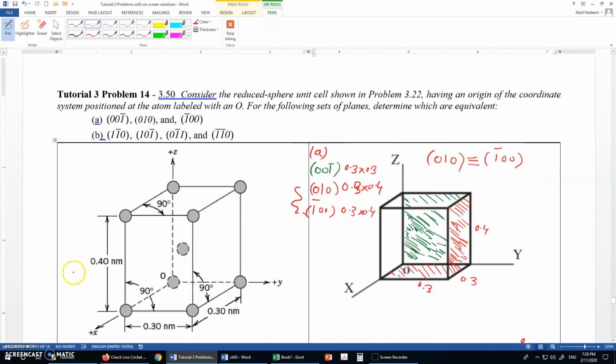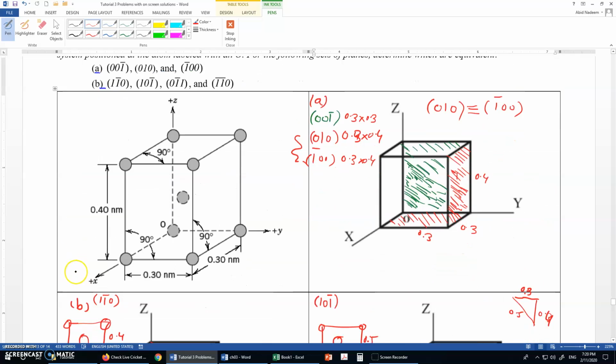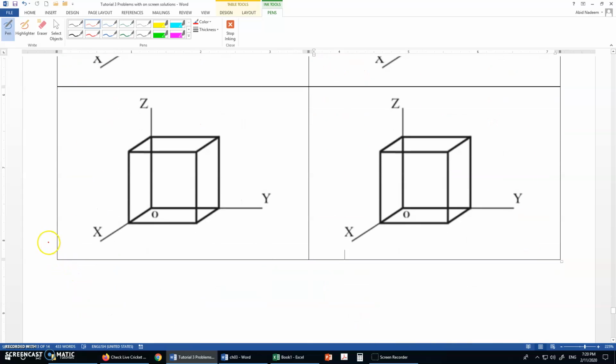The third plane is 0 1 bar 1. Okay, 0 1 bar 1. So let's draw it. Its origin will be here.